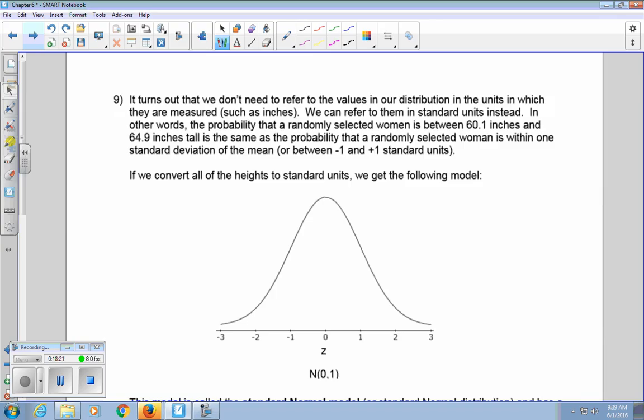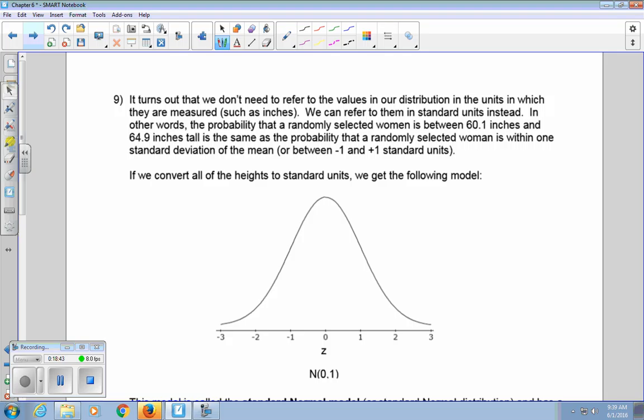In other words, we don't have to be working in inches and talking about 62.5 inches when we're working with our normal model. Instead, we can use what we've already learned about standardizing our data, and we can use standard units instead.